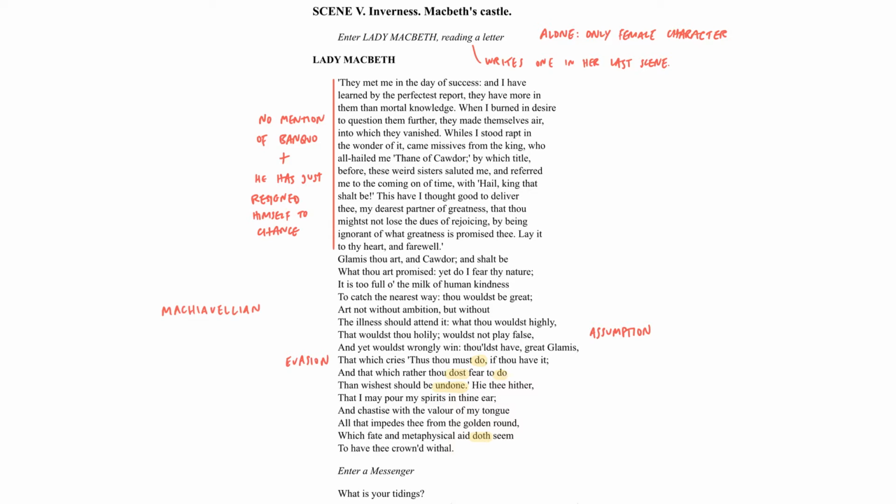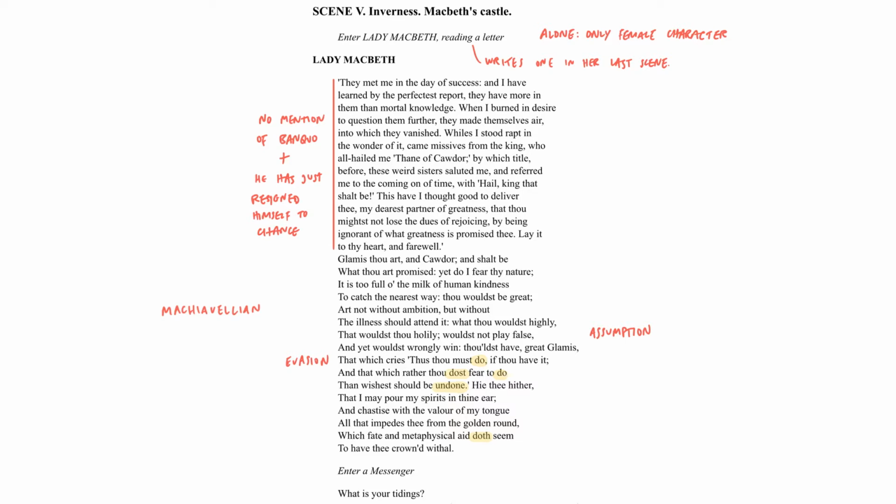Wouldst not play false, and yet wouldst wrongly win. Again, look at that pair. Playing false is what you don't want to do, and yet you want to wrongly win. She seems to be assuming again there that murder is what's going to happen. They're going to break the rules of the game, as it were, catch the nearest way, win wrongly, and yet Macbeth is too scared to play false.